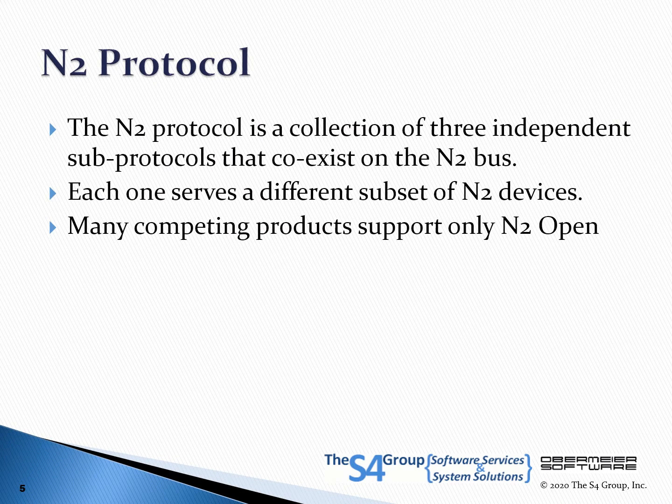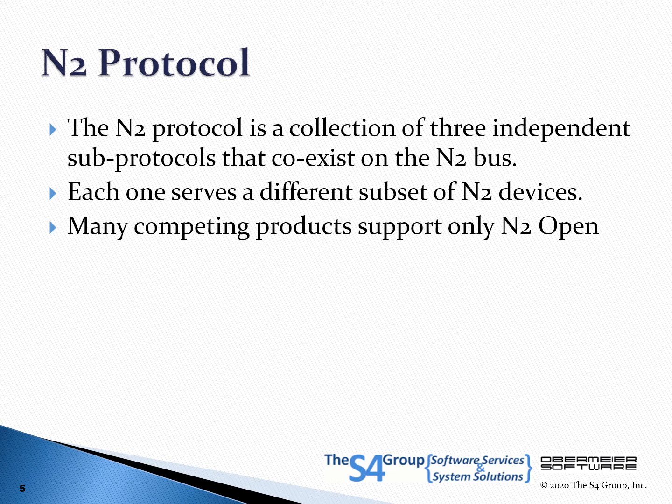N2 Open was the original protocol based on Opto22 technology. It serves the original set of application-specific controllers, UNT, AHU, VAV, etc. It also serves vendor devices, Metasys integrators, and the Centaurus integrator.